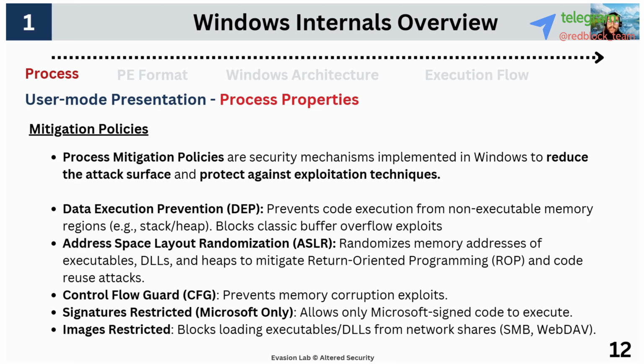And next we have the ASLR, address space layout randomization. It randomizes the memory addresses where executables, DLLs, and heaps are loaded. This randomization makes it extremely difficult for attackers to predict memory locations, which is essential for attacks like return-oriented programming, ROP, and code reuse.